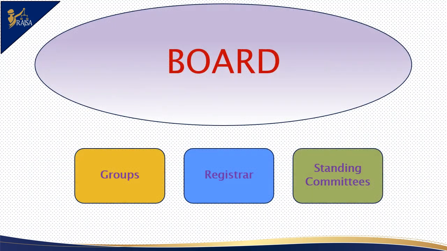The board achieves this by implementing the following structure: a board that is the governing body, groups distributed around the state where JPs can meet to interact, learn and socialise, a registrar who is responsible for managing the day-to-day activities of the office, standing committees to perform the operational side of the business. These are the engine room, the people that make things happen.